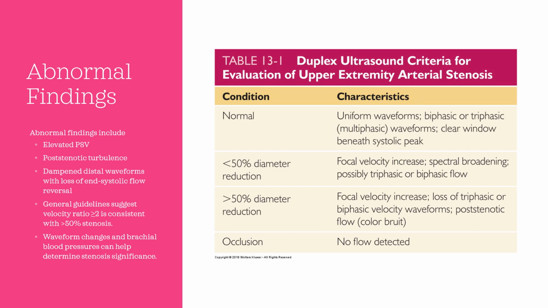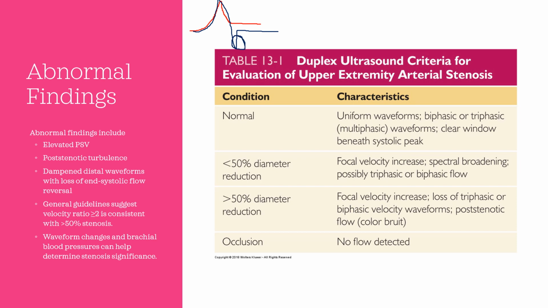So abnormal findings include an elevated peak systolic velocity. How high that velocity is going to be is an indicator of exactly how bad the stenosis is. We're going to see post-stenotic turbulence. We're going to see a dampened distal waveform with the loss of end diastolic flow reversal. This is saying that we get forward motion during systole, and that motion tapers off during diastole, but we are now missing that normal reversal component that we're used to.